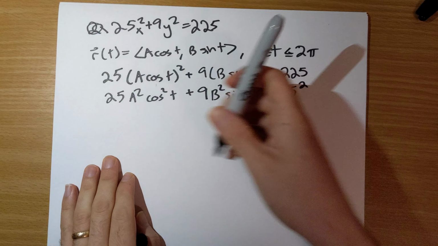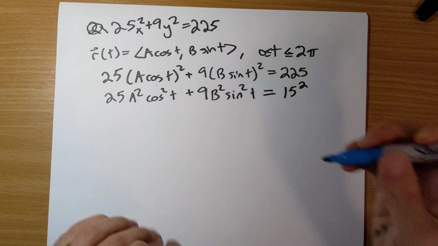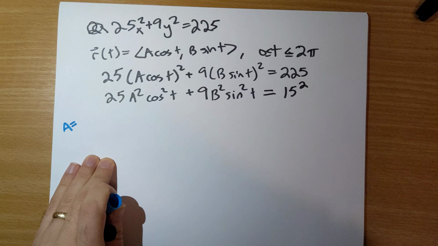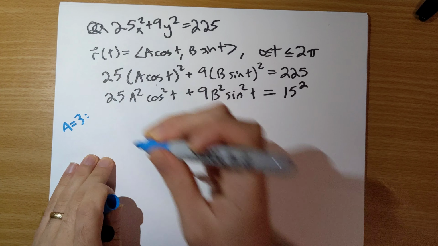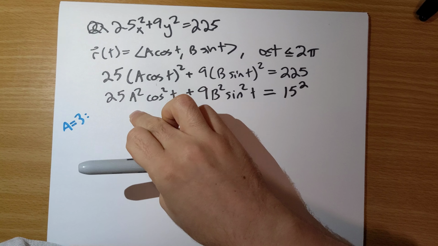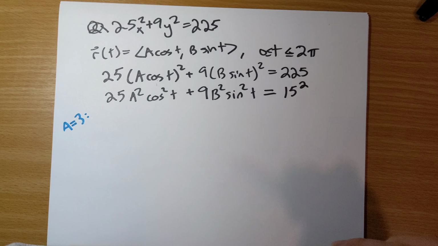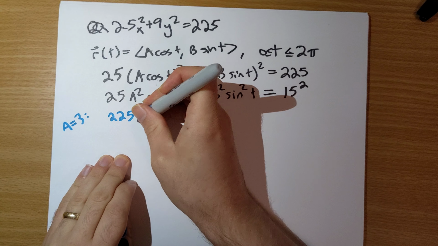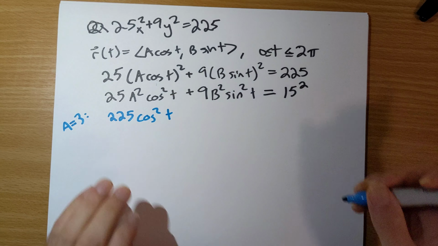Let's just try the following here. If we set a is equal to 3, why did I choose 3? Because I can get 25 times 3 squared, 25 times 9 is 225. So 225 cosine squared t.